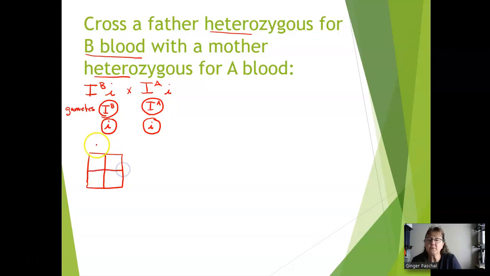We have I superscript B, lowercase i, so we put each one of the pieces of information that's contained in each circle above each column. And then over here, we're going to put the other parent's information. And then we can fill in the Punnett square.